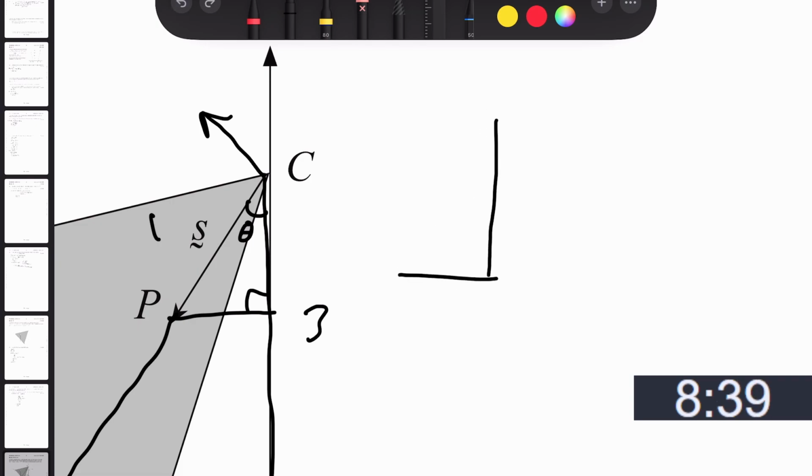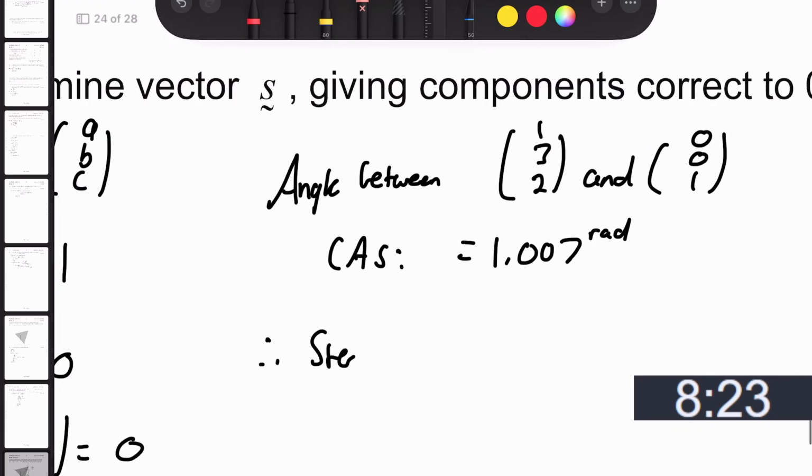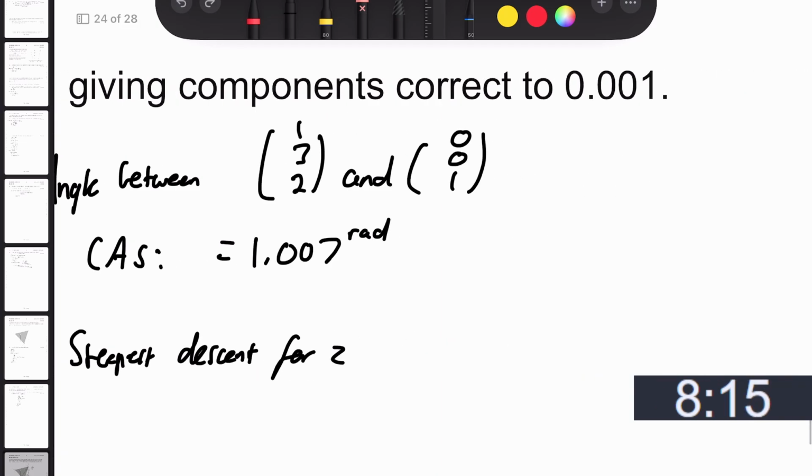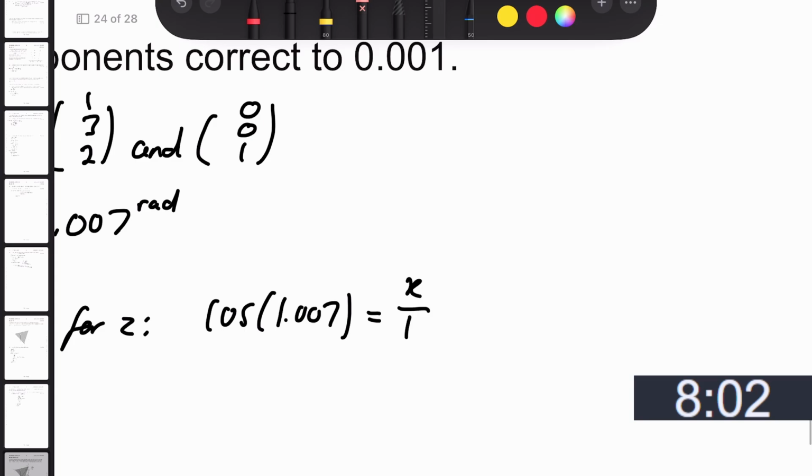My steepest descent for Z must be cosine, therefore steepest descent for Z is equal to, where we have cosine of 1.007 is equal to adjacent, which would be Z. Let's say this is x over 1.